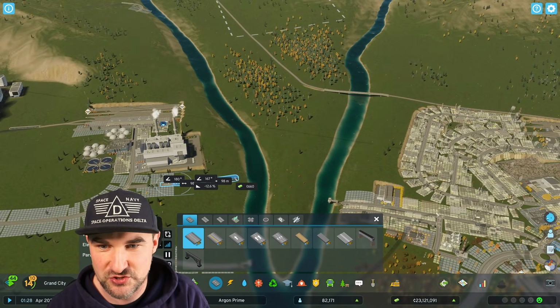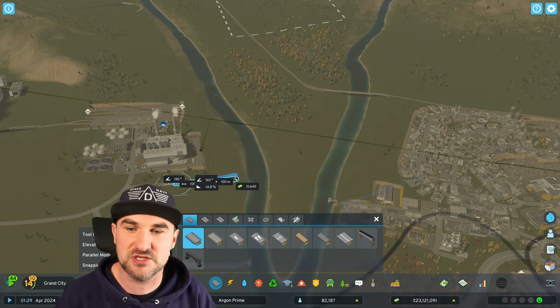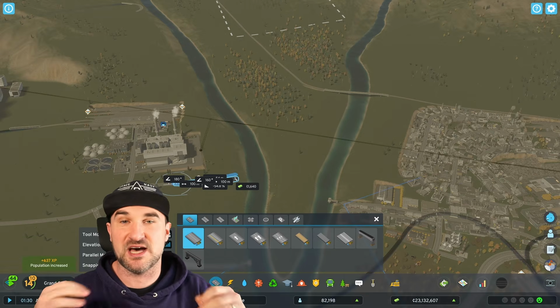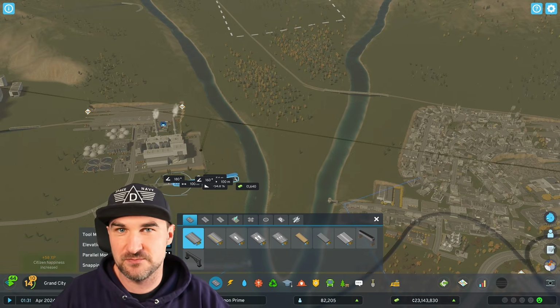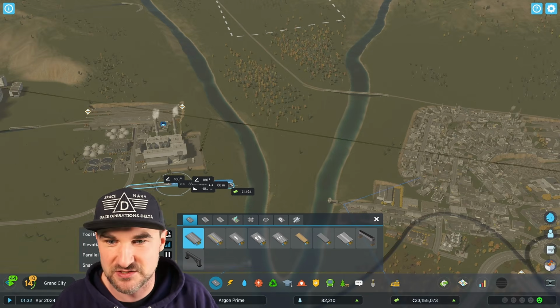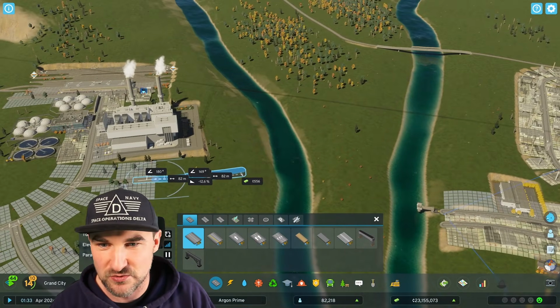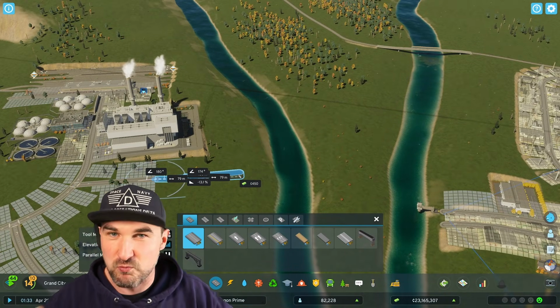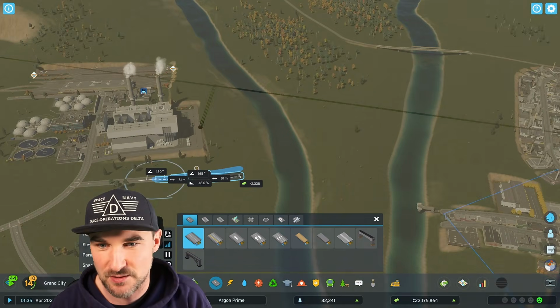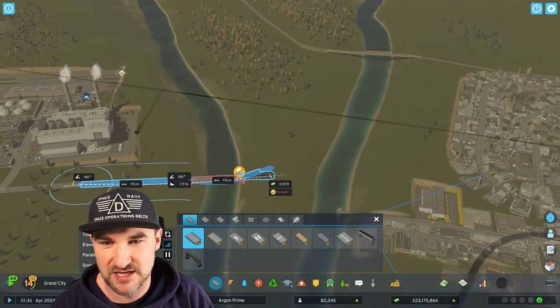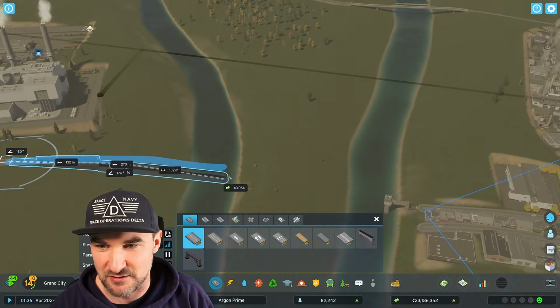Then I go 2 times down, minus 20 meters. Minus 20 meters is the highest you can do with still going underground. 10 meters does not work because 10 meters will still have walls left and right and an opening at the top. But if you go 20 meters down, this is enough.